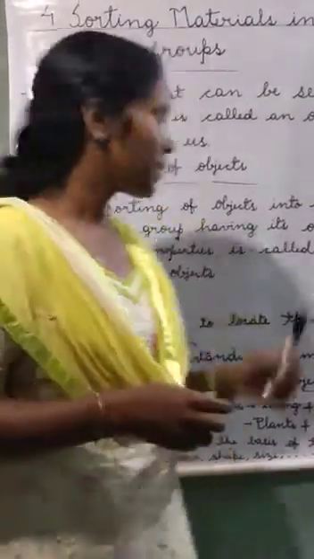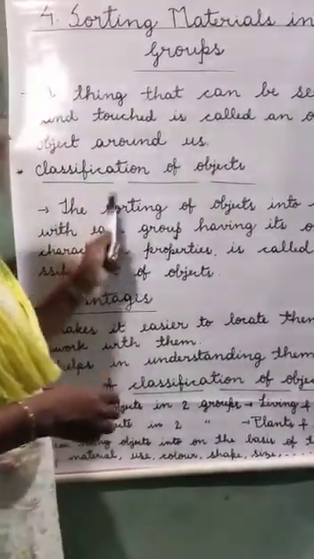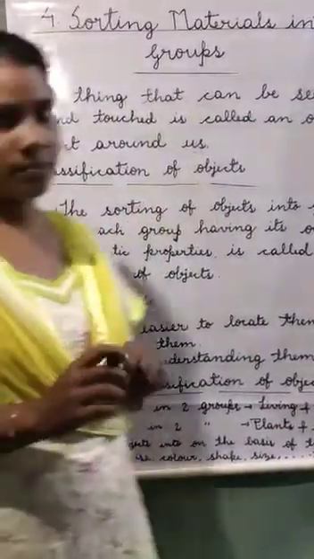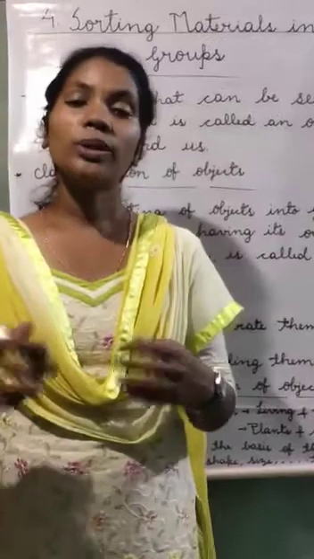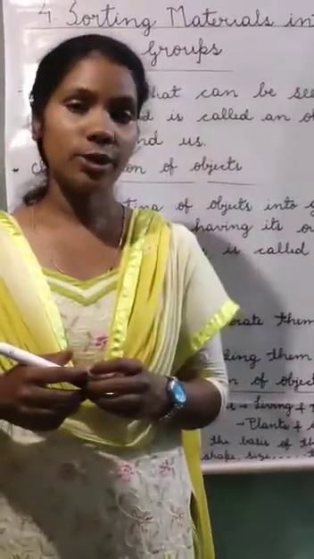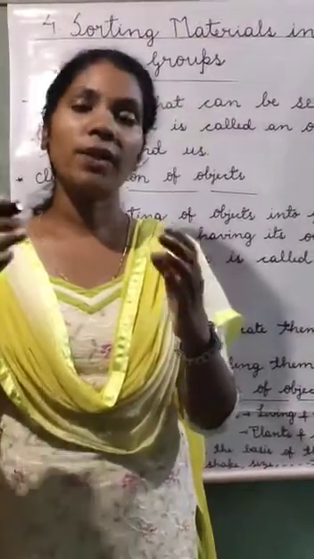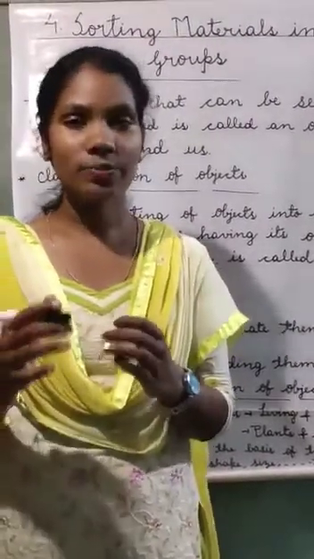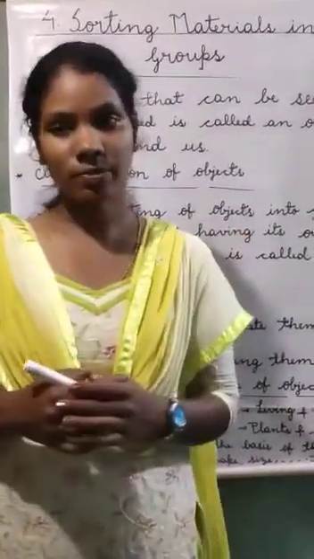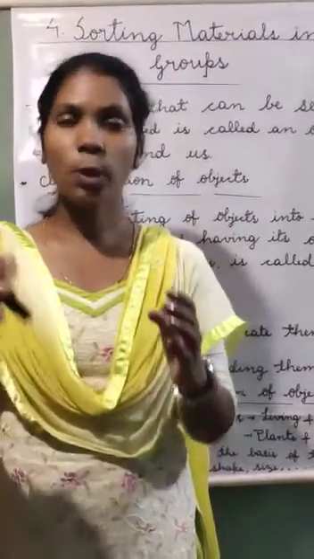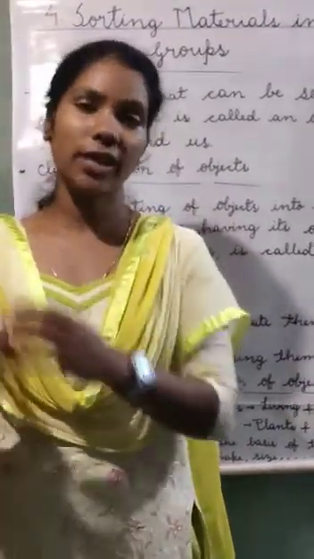Next we'll see classification of objects. When we go to the market and visit a provision store, we see different objects are arranged in different shelves. For example, soaps are arranged in one shelf.